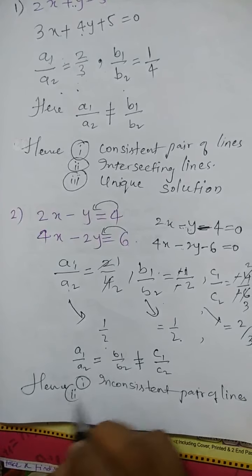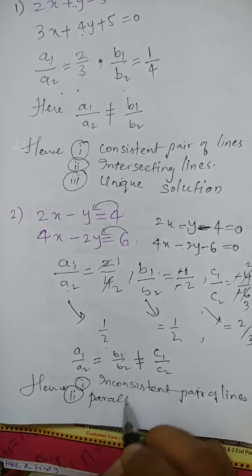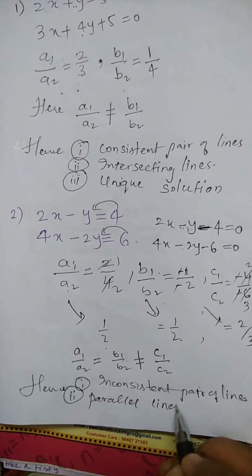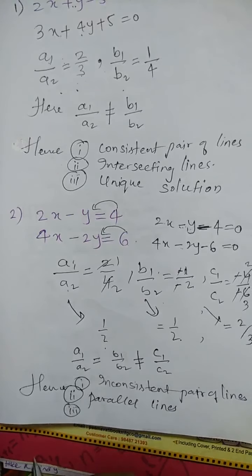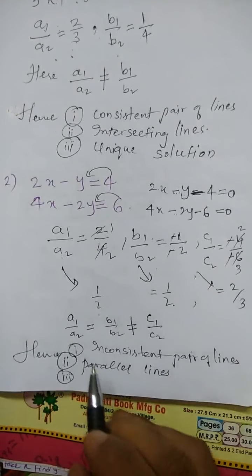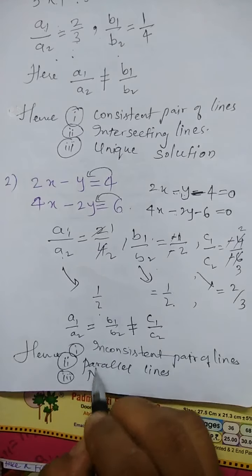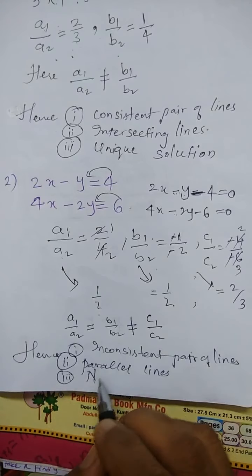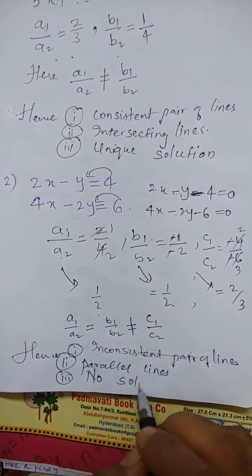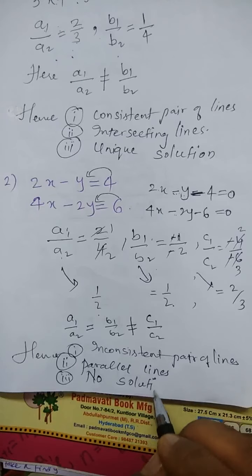Second, parallel lines. Third, how many solutions do parallel lines have? No solution, because parallel lines do not have any point common in them. No solution. They never meet each other.